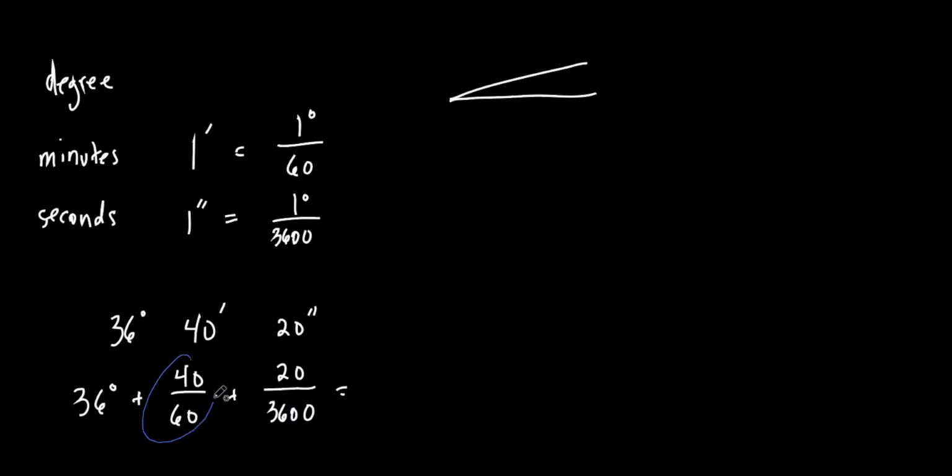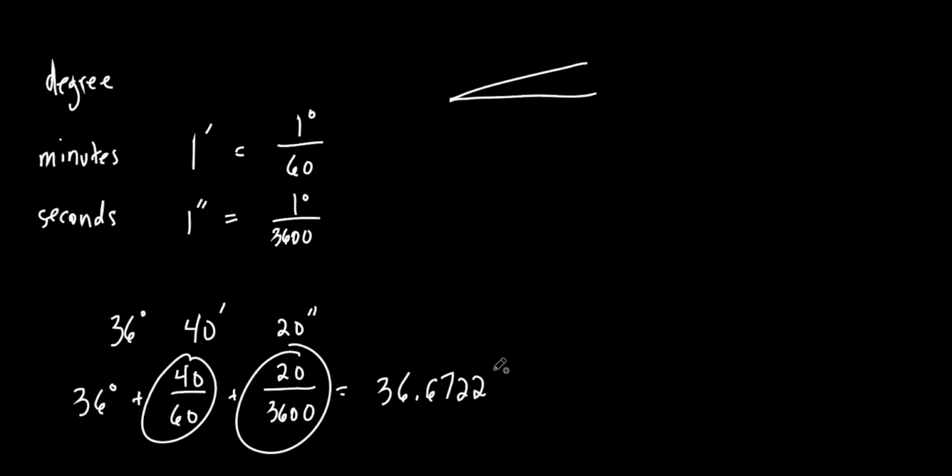Now, put that into a calculator. Add them together. Add them to 36. And you get like 36.6722. See, it's still 36 degrees, isn't it? But it's 0.6722 degrees. That's what this comes out to be. So that's how you do minutes and seconds.